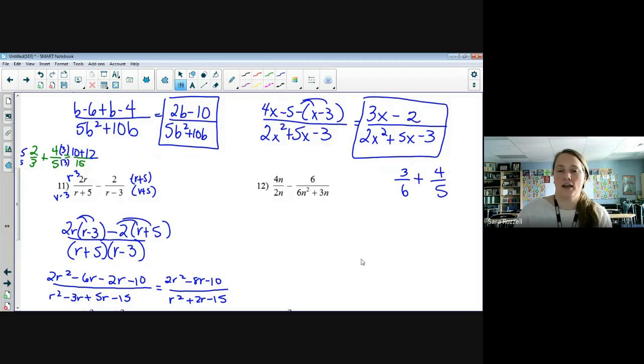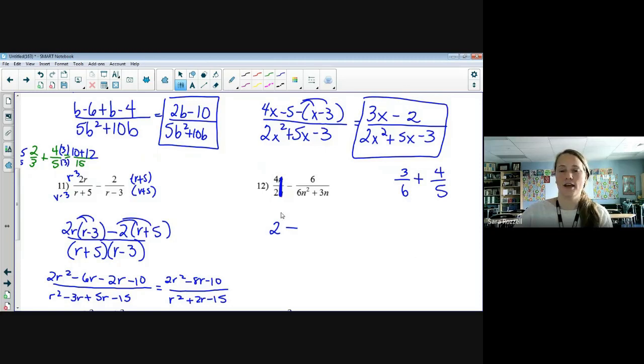If we're looking at it, we've got 2n or 4n over 2n. What's going to happen with these n's? The n's are going to cancel out, and 4 over 2 is just 2. Okay, and then if I look at all of these terms, every single one of these terms has a what in it that we can simplify?